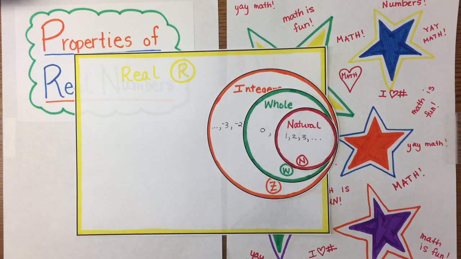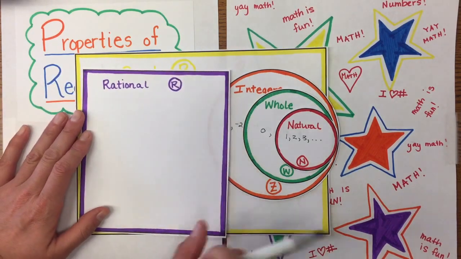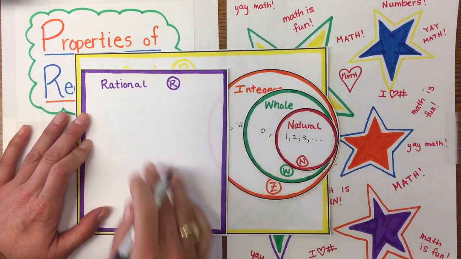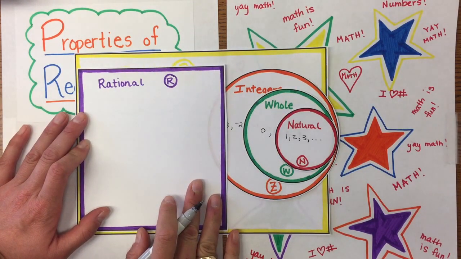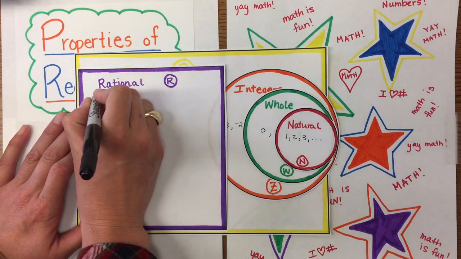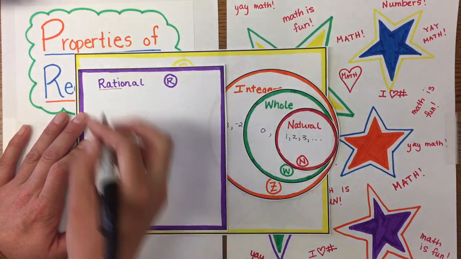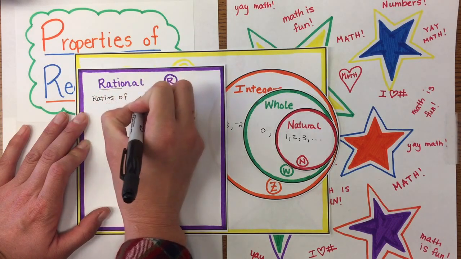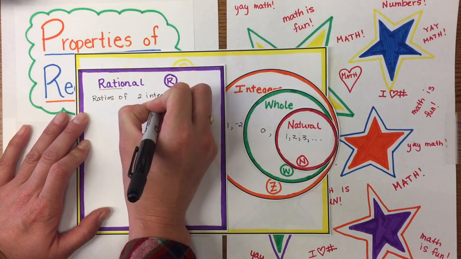The next set of numbers we're going to talk about are rational numbers. Rational numbers are any numbers that can be written as a ratio of two integers. So these are ratios of two integers.